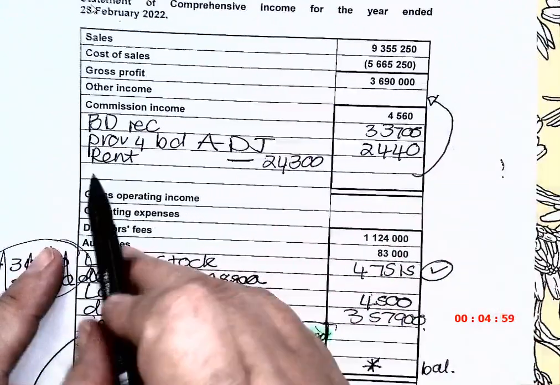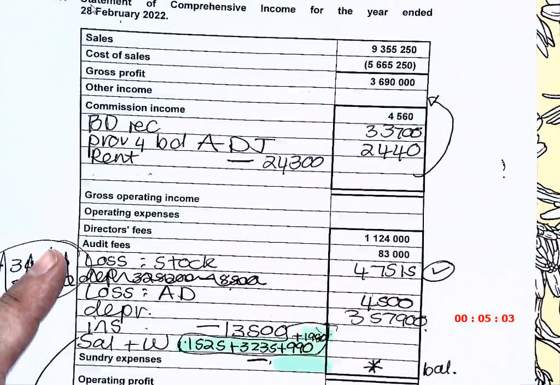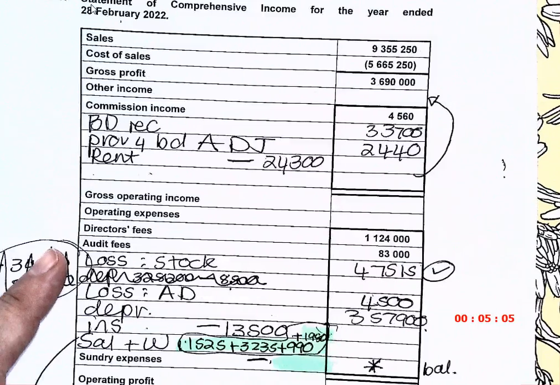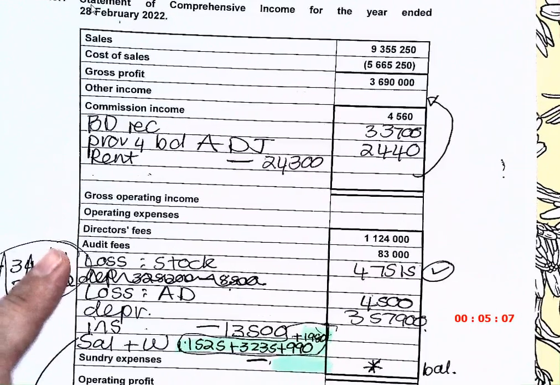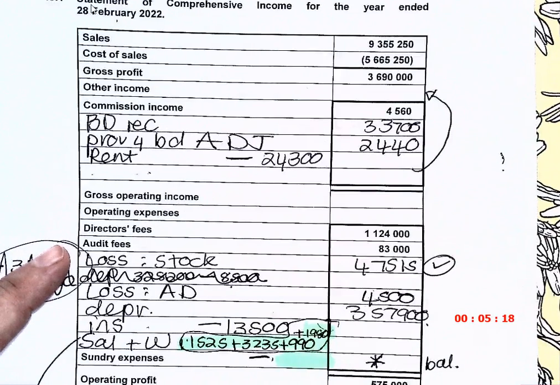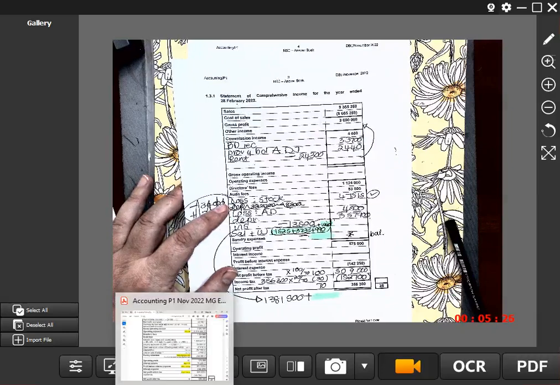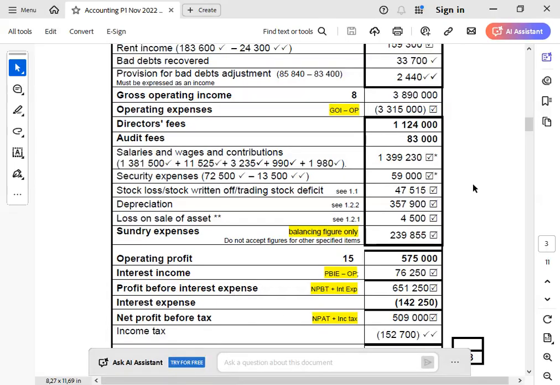Now I'm asking you, why is there a line left over there? Who cares? There's just a line left over. Maybe they put it there to see if you don't put interest on fixed deposit there. What else must go there? Exactly. We can go check. Let's go check, because I think nothing goes there.